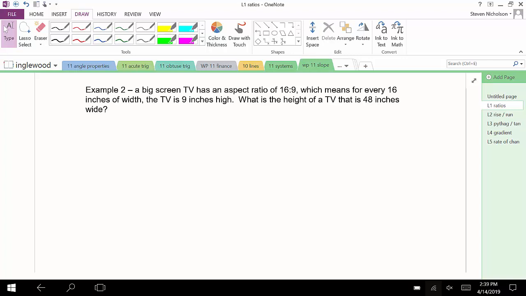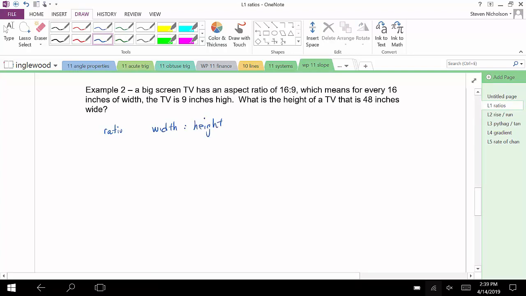Now you could work your way through this without setting up a ratio, but we're going to set up our ratio, and then we're going to use that ratio to set up our proportion. So our ratio is going to be the width of the TV compared to its height.